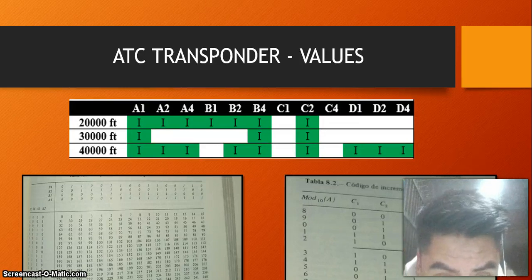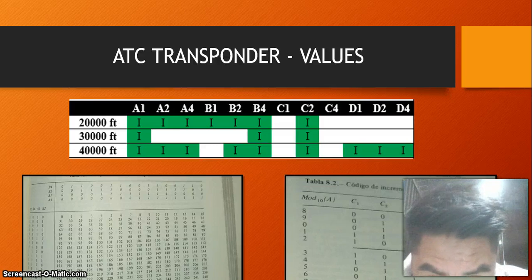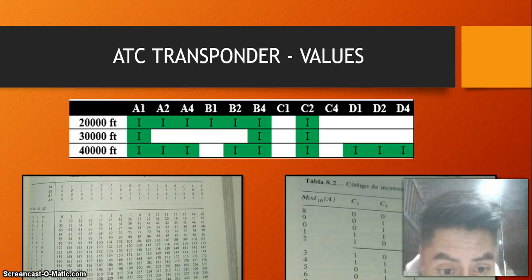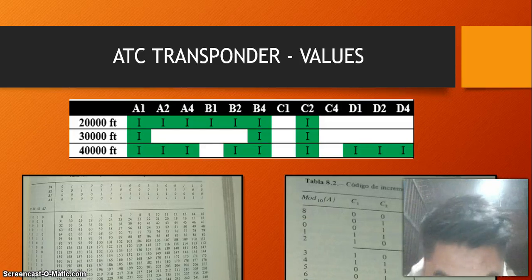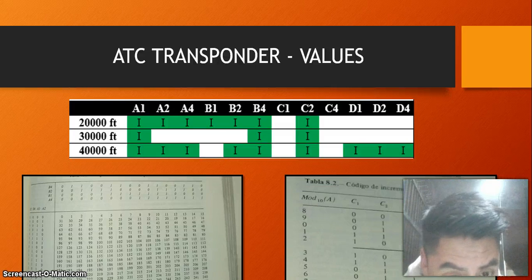Together with the transponder, it transmits the altitude of the aircraft in hundreds of feet to the radar of the air traffic control radar beacon system. It consists essentially of the coding disk that rotates according to the reading of the altimeter.